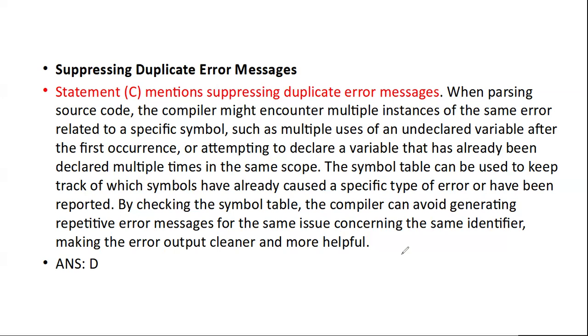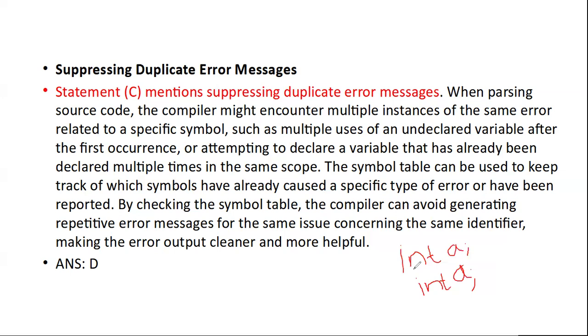What are they mentioning? If we are declaring one variable, like A, we already declared it. Similarly, again we are declaring the same variable name A. So the compiler will be confused about which A it should take, the first one or the second one. There is a confusion generated.